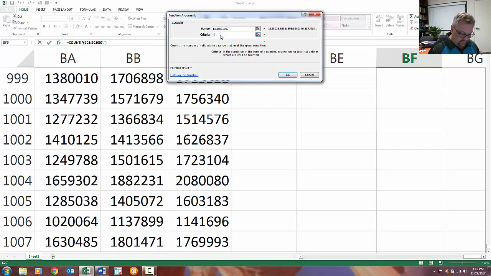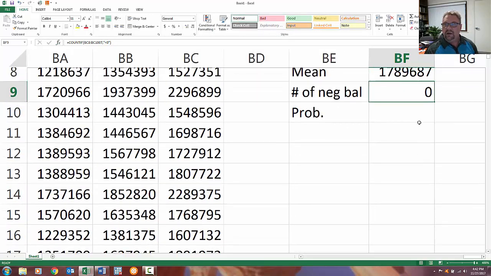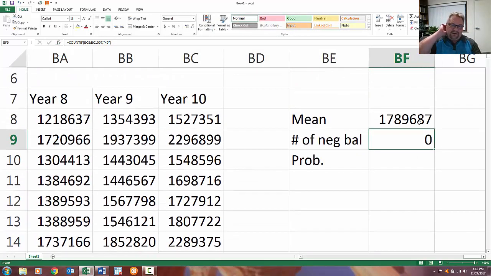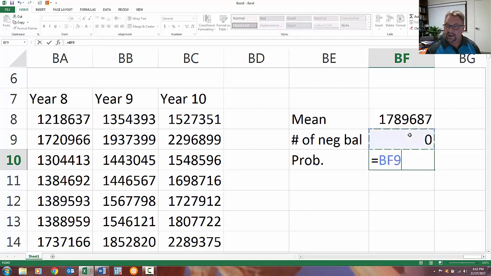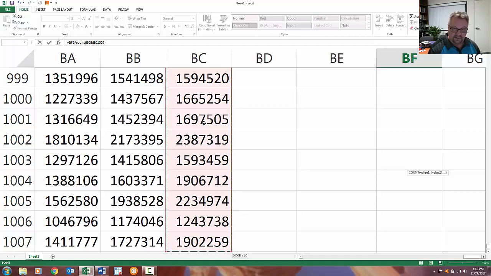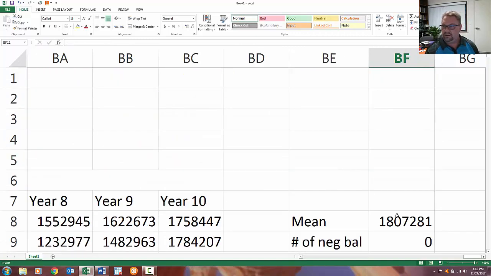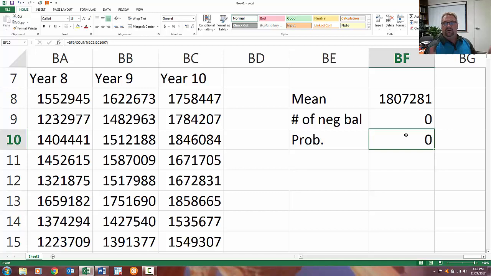The criteria, double quotes less than 0, double quotes, hit OK. So never does my balance become negative, so therefore the probability is going to be 0, but how do I calculate that probability? Well, I take the number of negative balances divided by the total number of simulations, and as always, that is just the count function. Count how many simulations I did, and you can see that the probability of having a negative balance is 0. Okay, well there you go. There is problem 2.